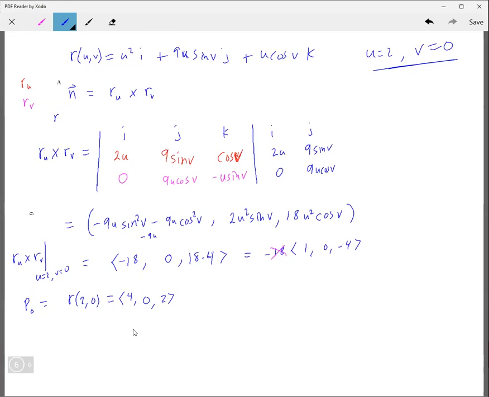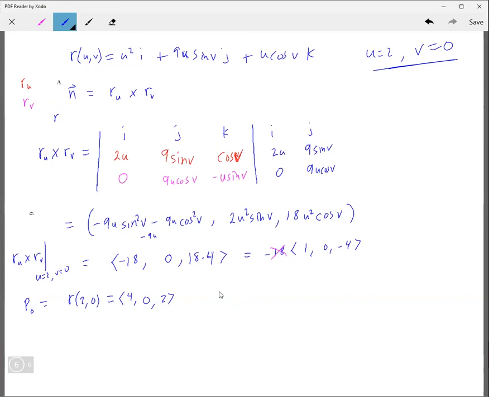So the equation of the plane will be the dot product of the normal vector with x minus 4, y minus 0, z minus 2.